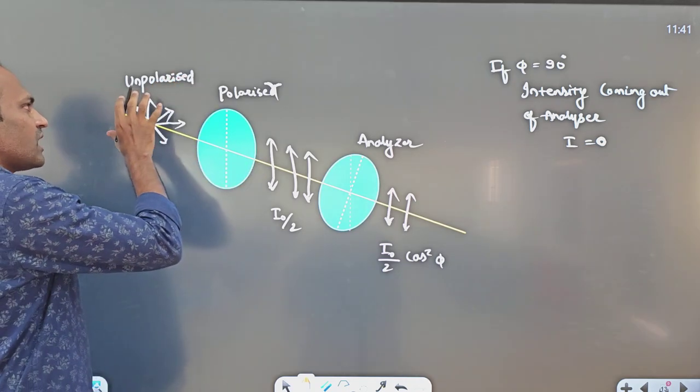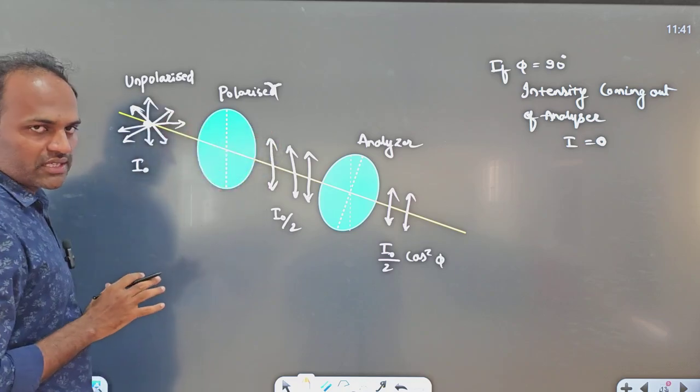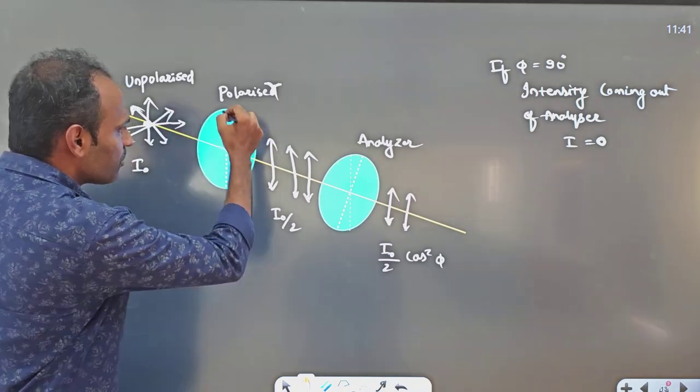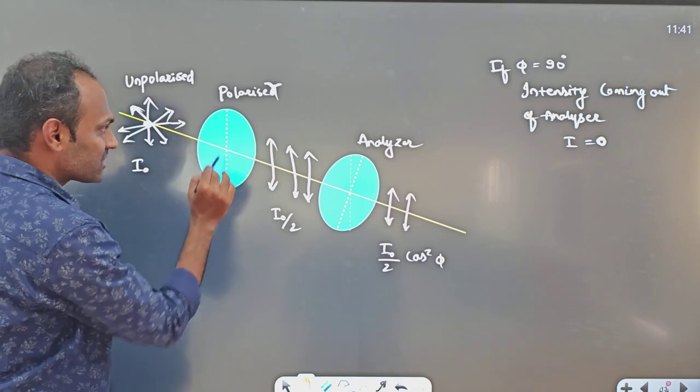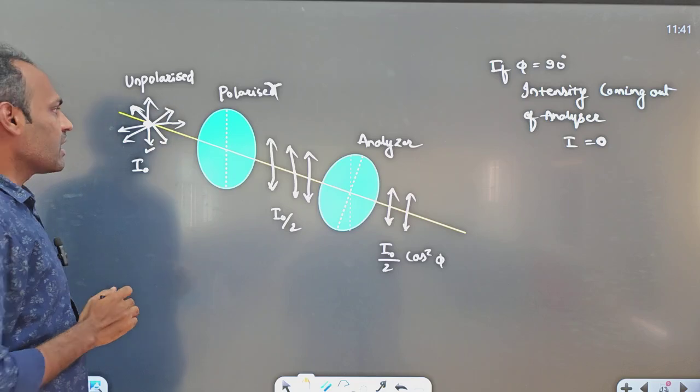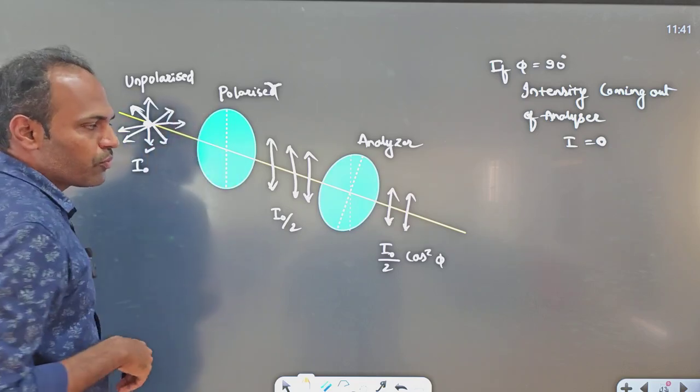What happens when this unpolarized light passes through the polarizer, only the vibrations which are parallel to the axis of the polarizer pass through and go out. Remaining vibrations will be blocked by this polarizer.